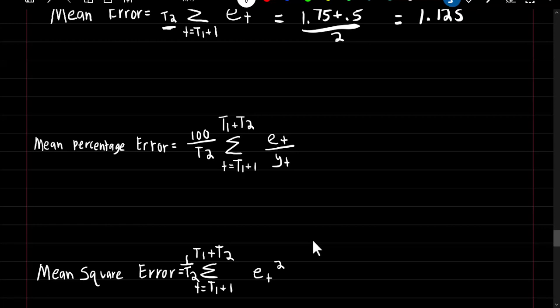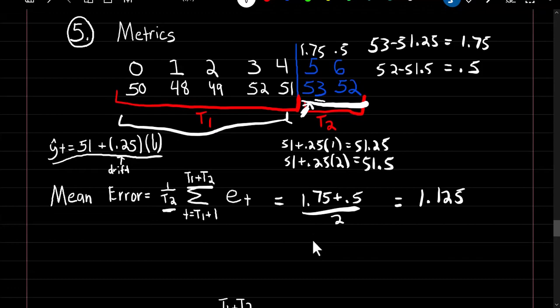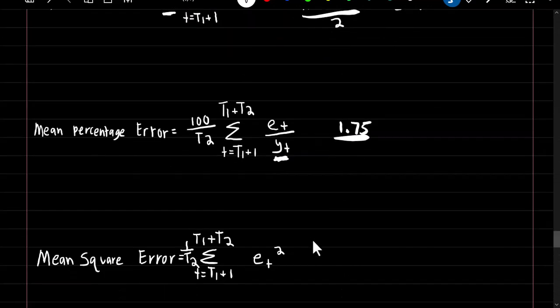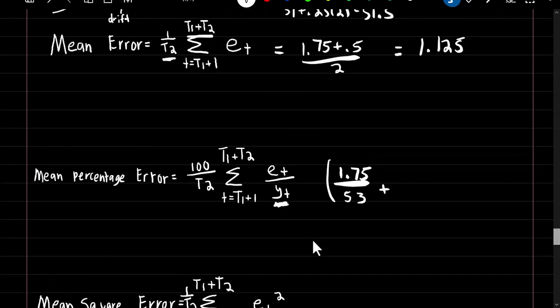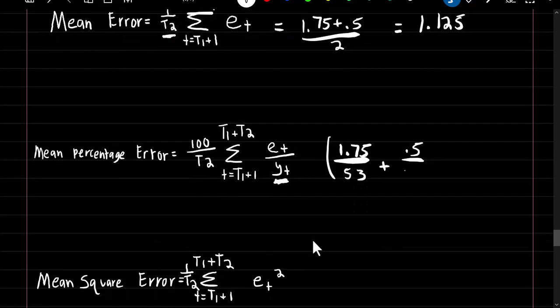Now mean percentage error. The errors are going to stay the same, and this y_t is just the observed value at time t. So our residual is 1.75 divided by our observed value, which we can see is 53, and then plus the second residual, which was 0.5, divided by our observed value, which is 52.